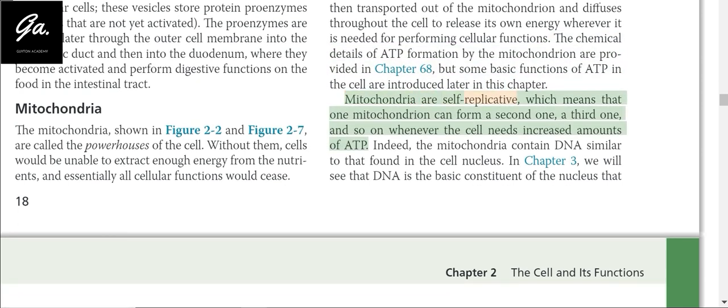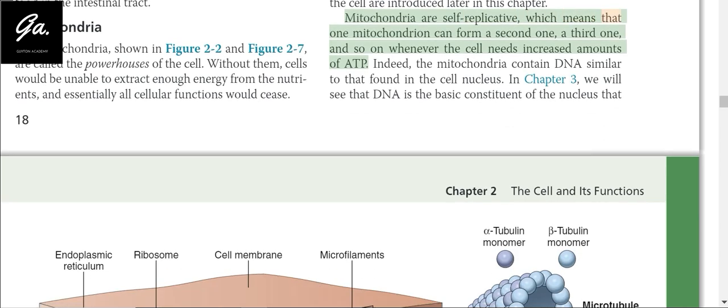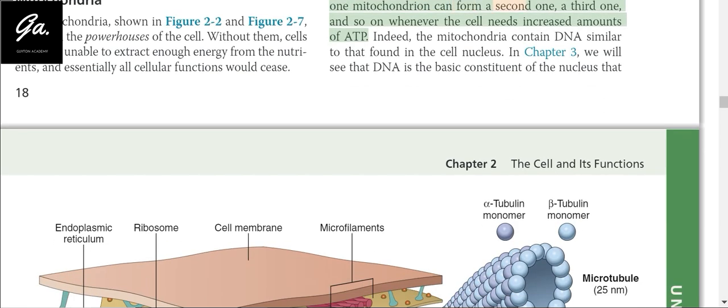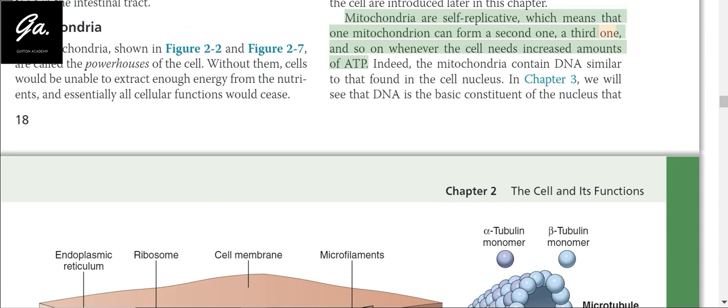Mitochondria are self-replicative, which means that one mitochondrion can form a second one, a third one, and so on whenever the cell needs increased amounts of ADP. Indeed, the mitochondria contain DNA similar to that found in the cell nucleus.